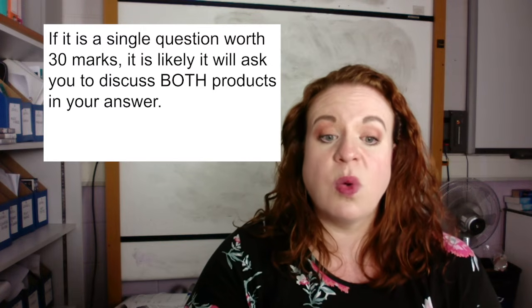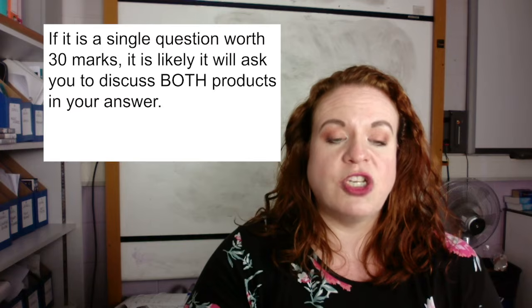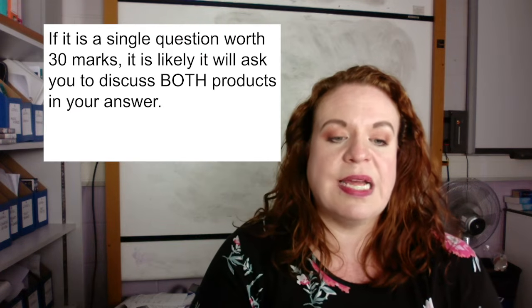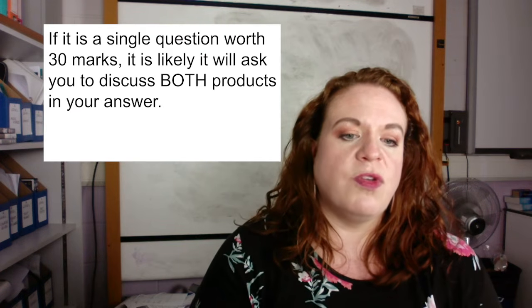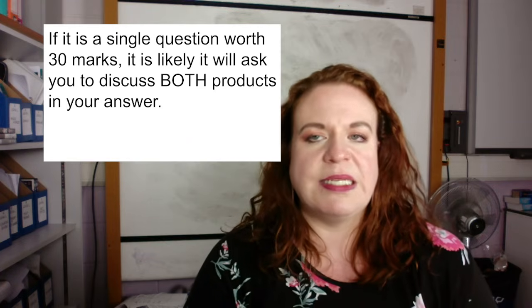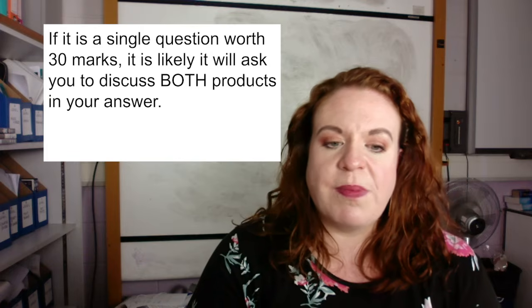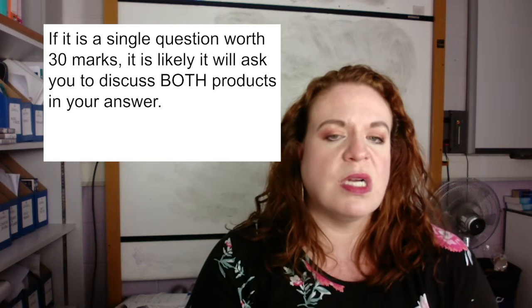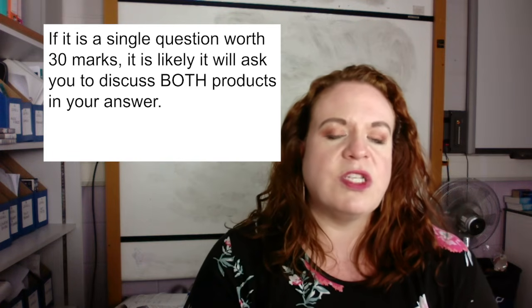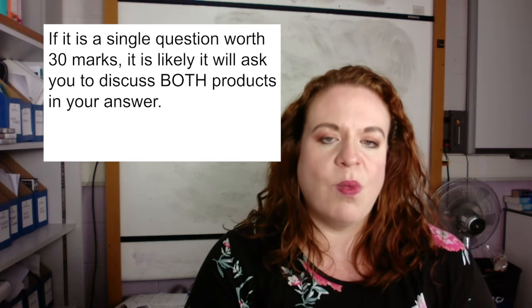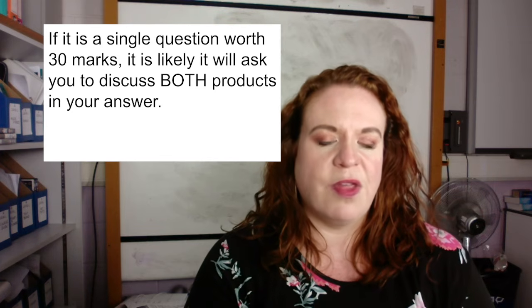So if it was 1 question, for example, in this section for humans and returned, it might say, to what extent could the set episode of humans and the returned be seen to, I don't know, reflect social contexts, or whatever the question might be. So they could combine both products into 1 question, or if it's 2 separate questions, it will normally be 1 about 1 product you've studied and 1 about another.